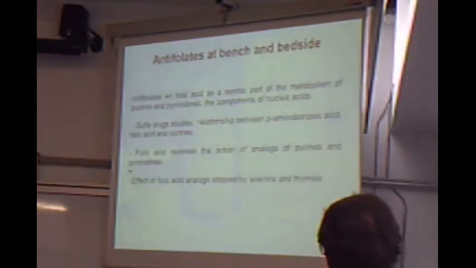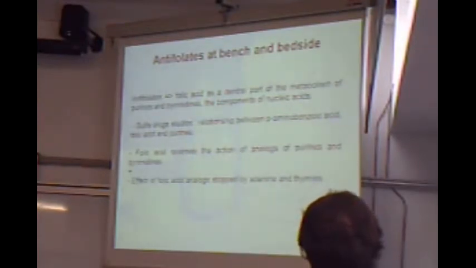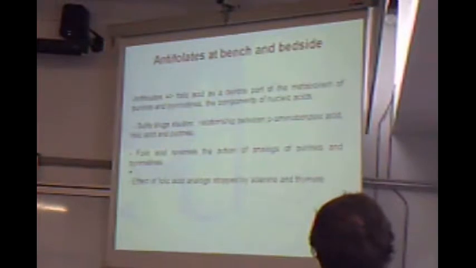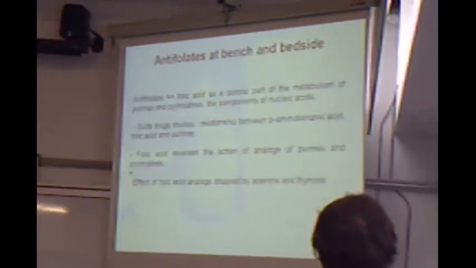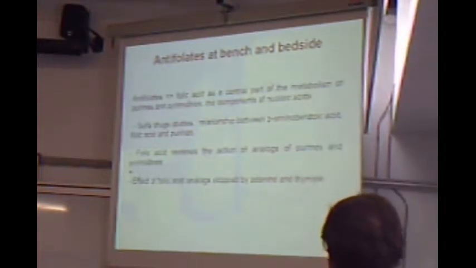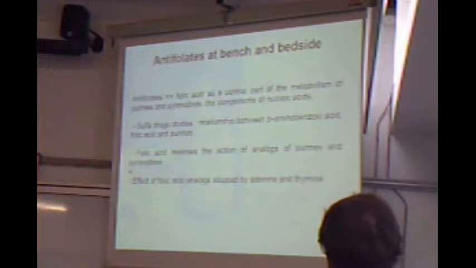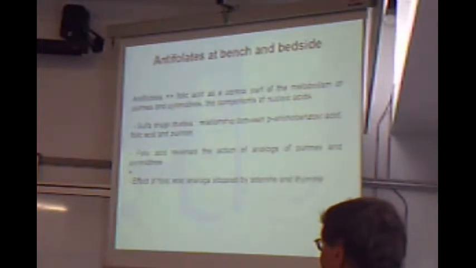And then the synthesis of folic acid was shown to reverse the action of analogs of purines and pyrimidines. And on the opposite side, the effects of folic acid analogs, such as methotrexate, were stopped by nucleic acid components. So this was how the whole link between folic acid and nucleic acids was established.